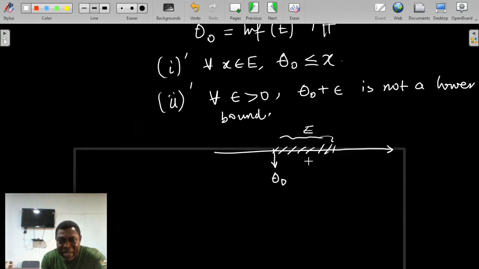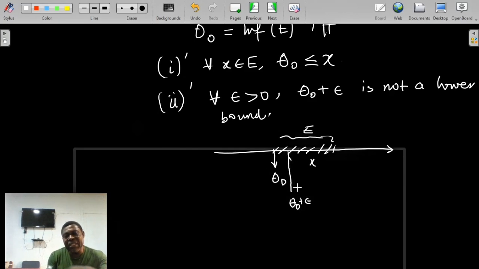Meaning that if you pick any x in the set, that x must be greater or equal to theta naught, or rather that theta naught is less or equal to x. But the second condition is telling us that once you give me any positive number, adding it to theta naught will move us to the right, to somewhere here, theta naught plus epsilon. So theta naught plus epsilon is no longer a lower bound.